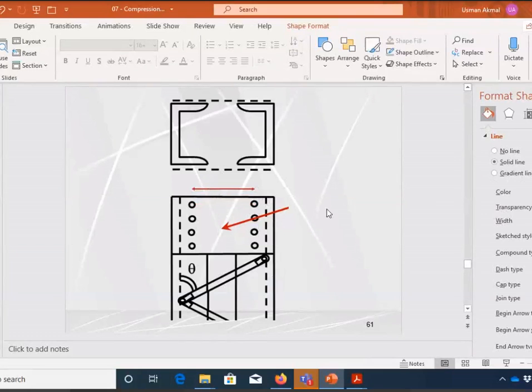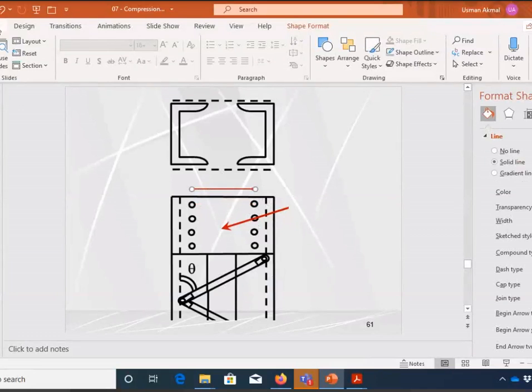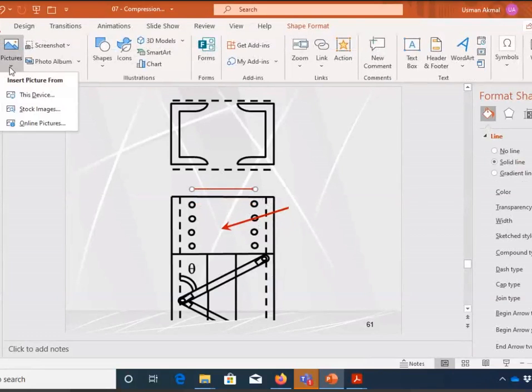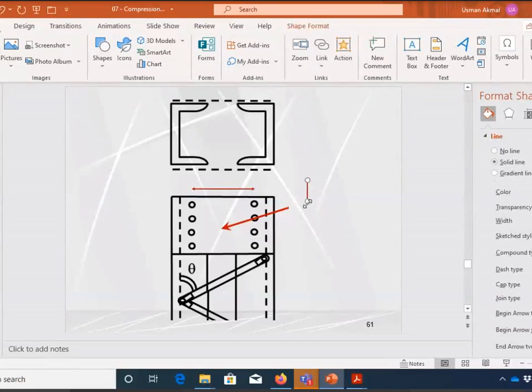So this is the S value. So this is the S distance.